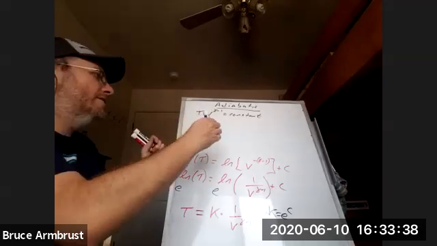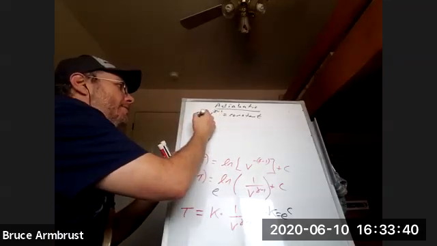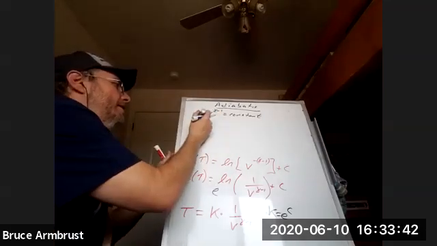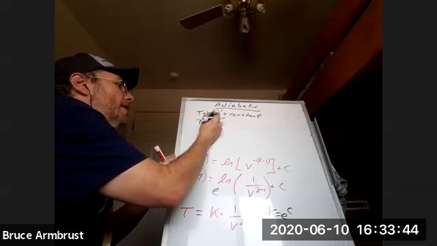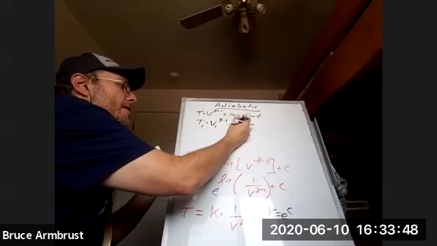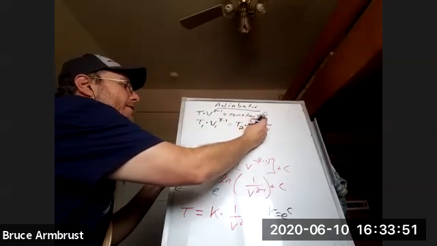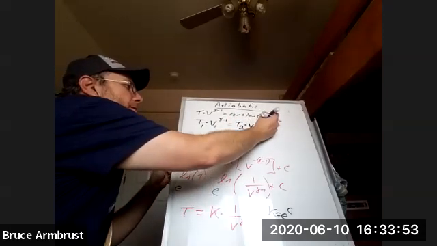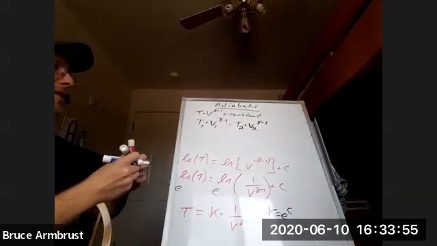Maybe a better way of writing it is T1 times V1 to the gamma minus 1 equals T2 times V2 to the gamma minus 1.